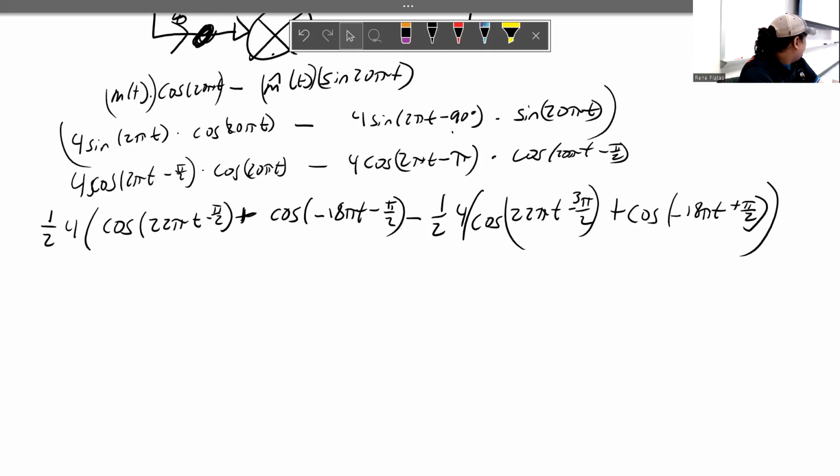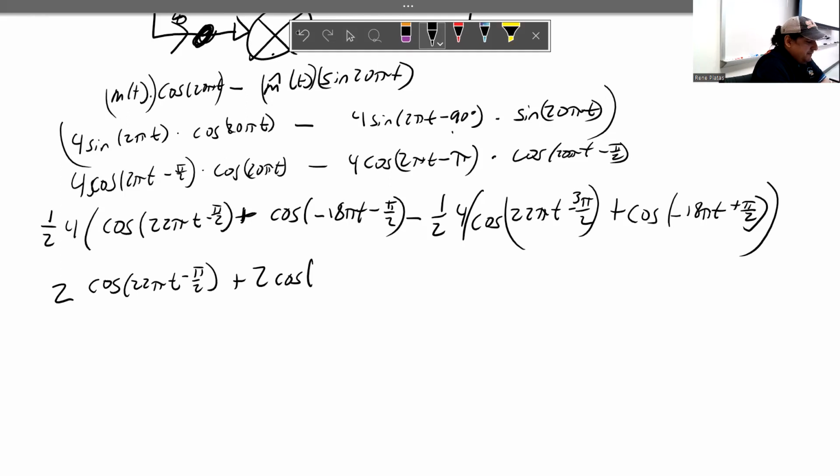So this is 2 cosine of 22 pi t minus pi/2, plus 2 cosine of -18 pi t minus pi/2, minus 2 cosine of 22 pi t minus 3 pi/2.